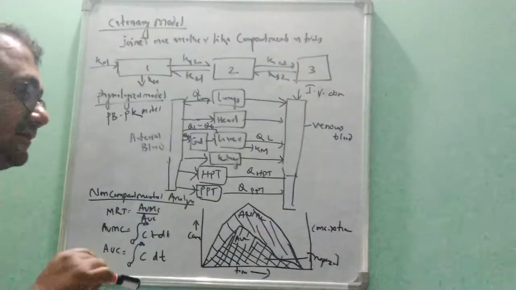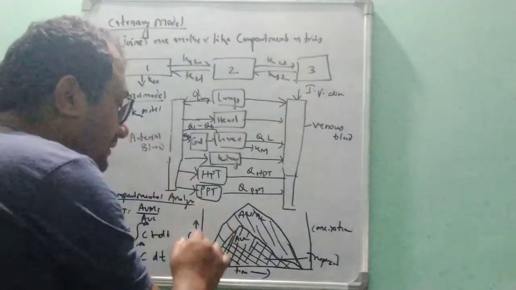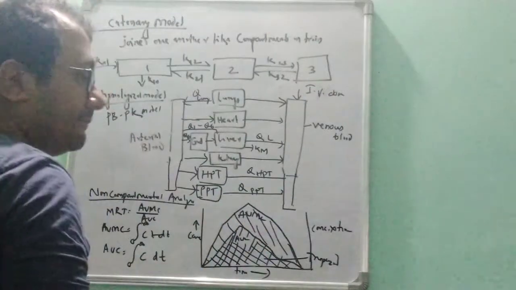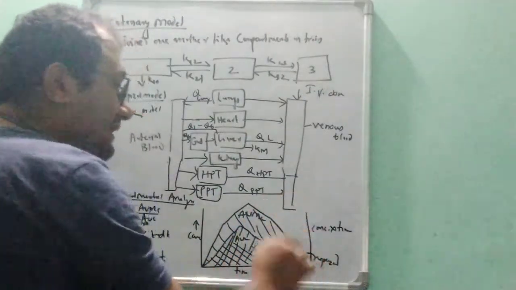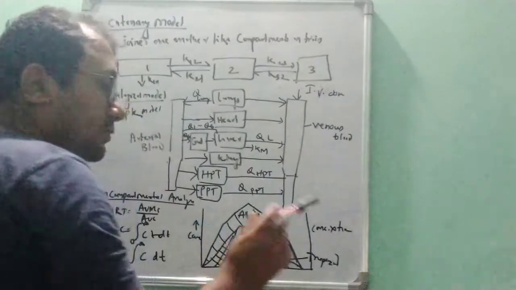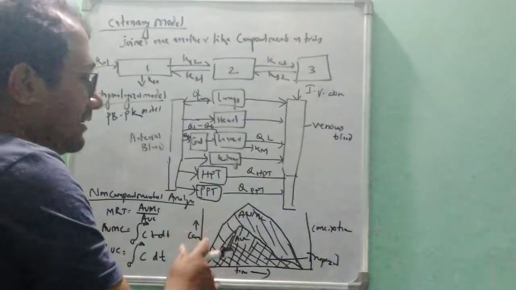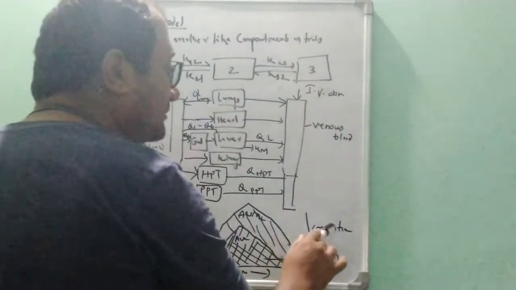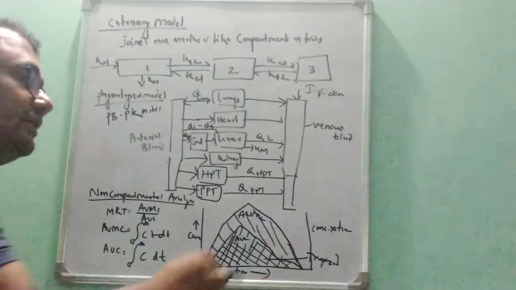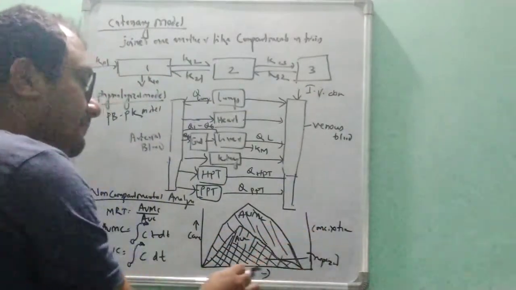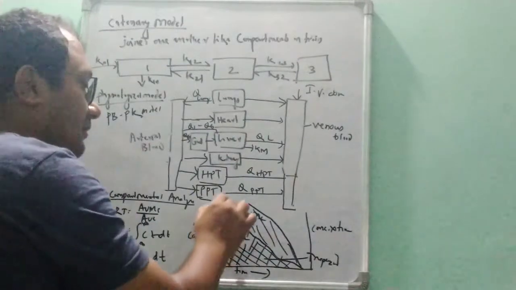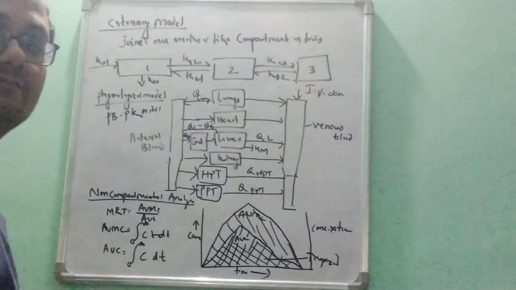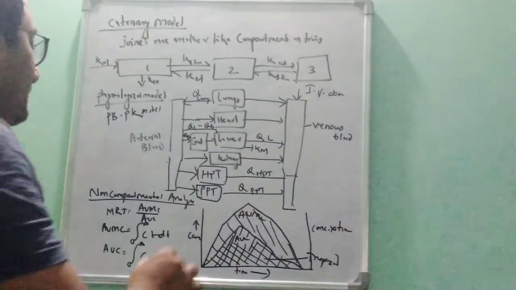So in the graphical method, what we are doing is taking concentration on the y-axis and time on the x-axis, and once again another axis we have kept. Two graphs are mixed here. So on another side, on the y-axis we are taking concentration into time. When we take concentration into time versus time, we will get a curve, and under that curve we will get AUMC.